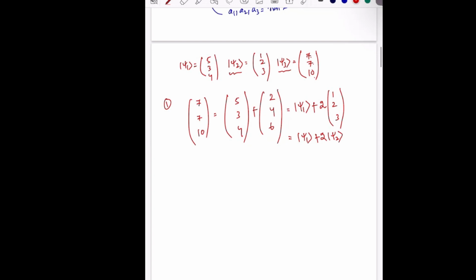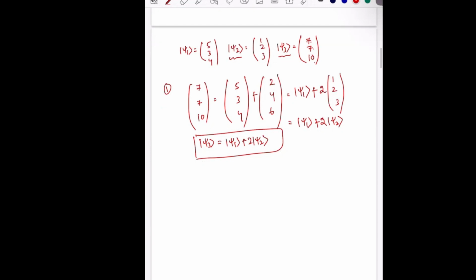So here you are saying that you can write psi 3 as psi 1 plus 2 times psi 2. This means that these three vectors are linearly dependent. They are not linearly independent. So this is one of the quick ways that you can check whether these vectors are linearly dependent or not.